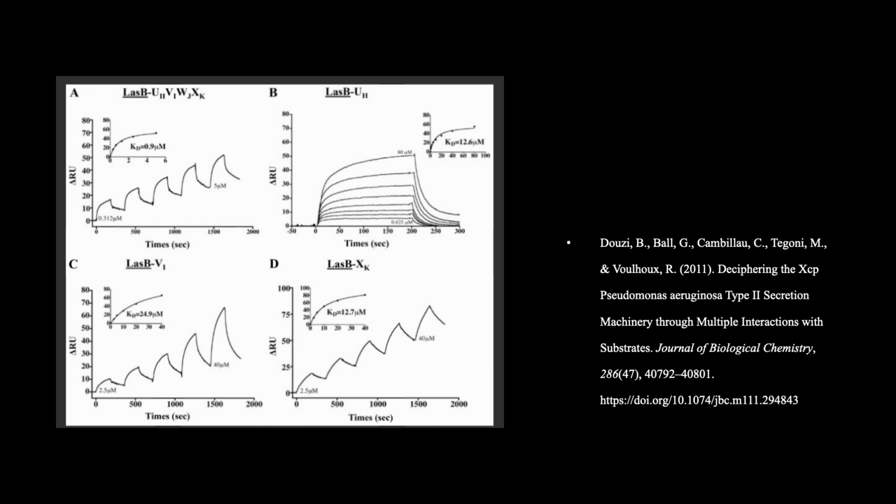So it shows that there's a direct interaction between the LasB and the quaternary complex of the components located at the tip of the pseudopilus. So specifically, it's showing that 3 out of the 4 domains, which would be XcpU, V, and X, show that there's binding to LasB, while the W doesn't exhibit notable binding in the experiments.